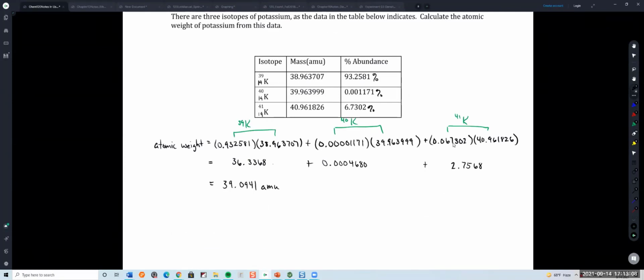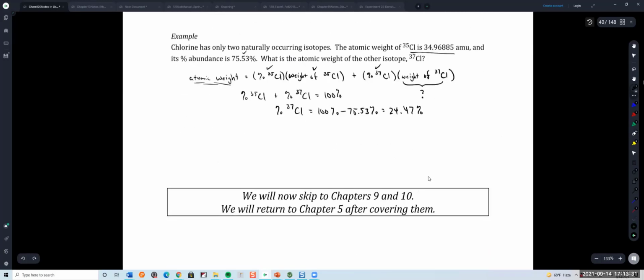So 35.45. But make a note that that number comes from the periodic table for chlorine. It's going to be on the next page. Yeah, why am I even writing that? Thank you. I'm like, why am I doing that? That makes no sense. All right, 35.45.